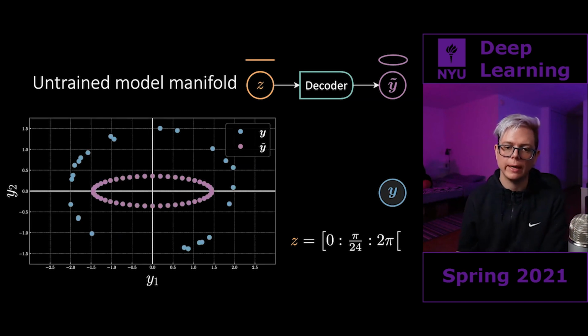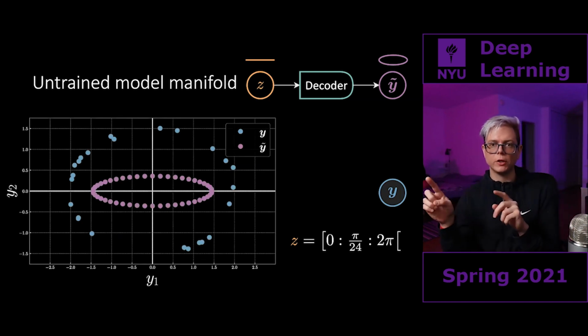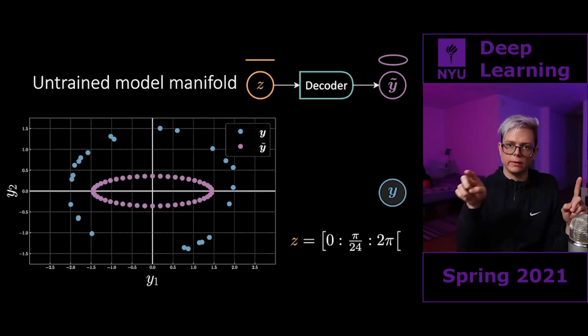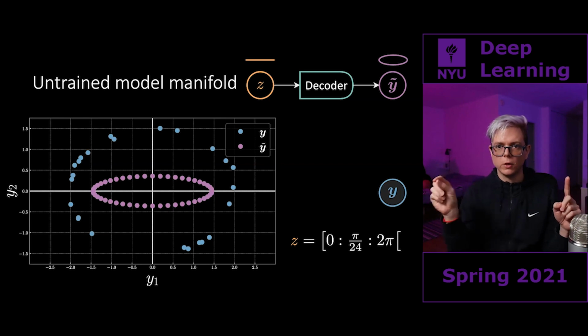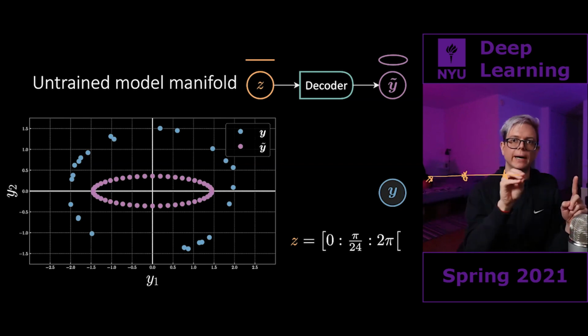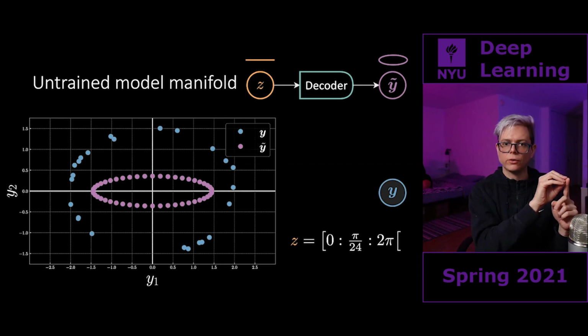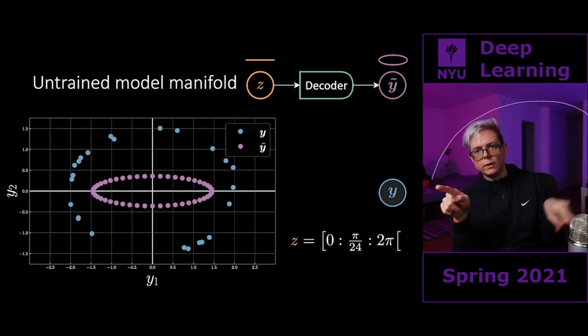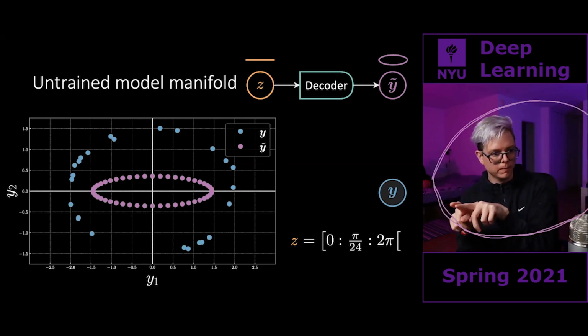And so as you move Z going from 0 to 2 pi in discrete jumps of pi over 24, you're going to get orange points across a line. And then if they go through a decoder, they're going to be going over an ellipse, okay?